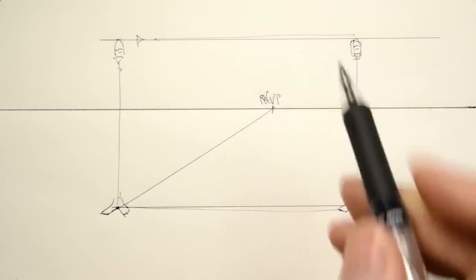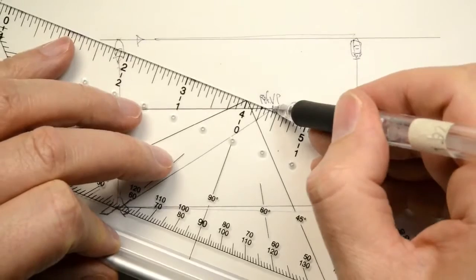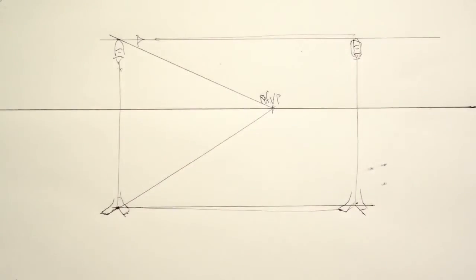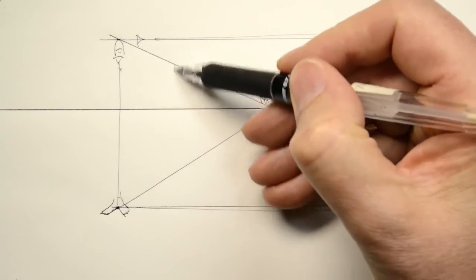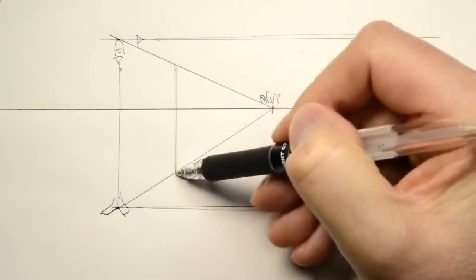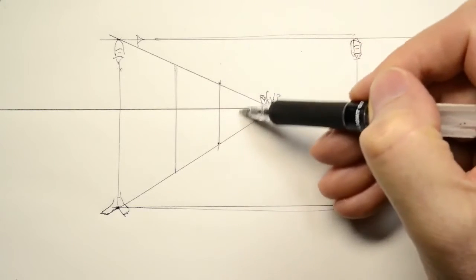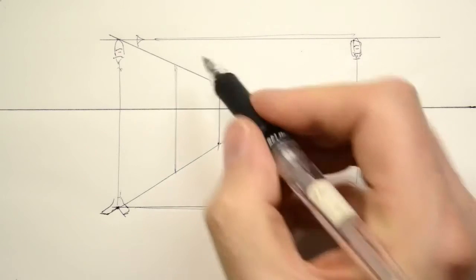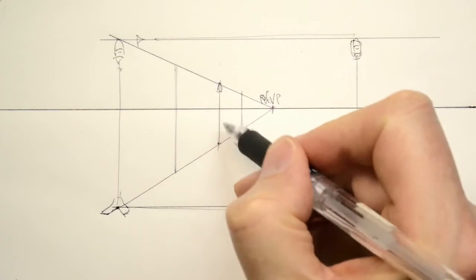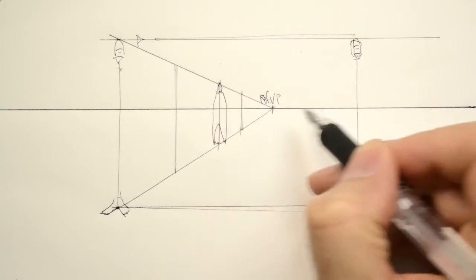So all you need to do then is draw, I'll use the straight edge here, the height back, and then anywhere you want to place a vertical line, intersecting that baseline and that height line, that would be the height of the person in the distance. And so anywhere you wanted, you could draw another character.